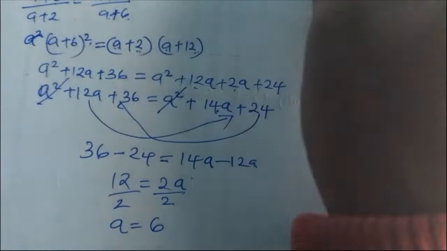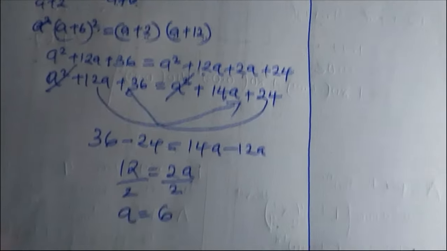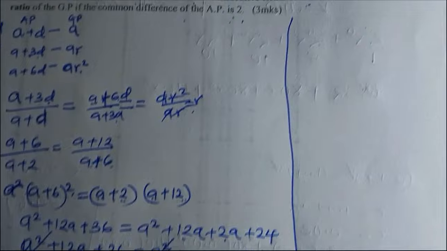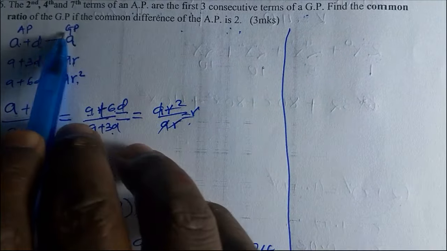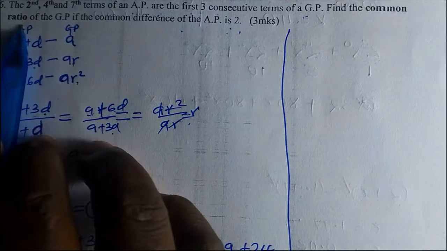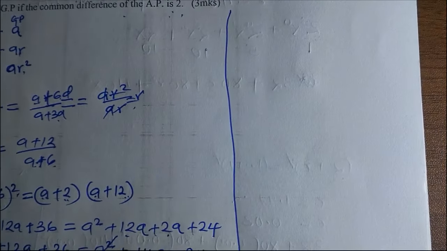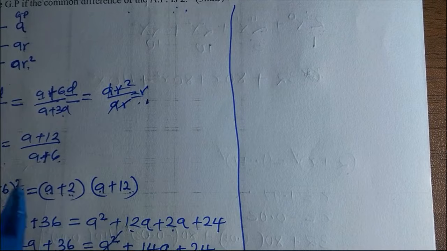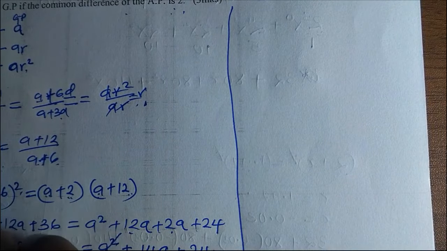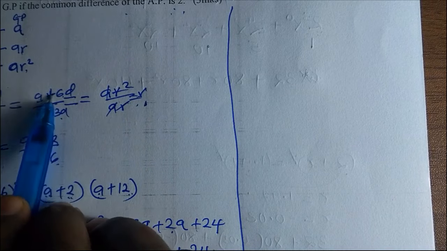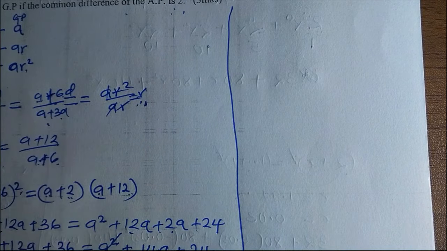But remember, we are not looking for A, we are looking for the common ratio. We are looking for R. But we know that either this over this, the answer is R. Now you can substitute using any of them.